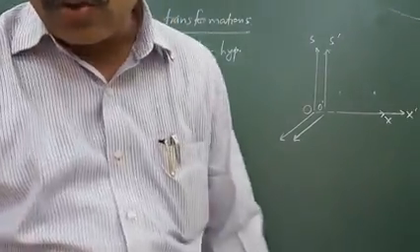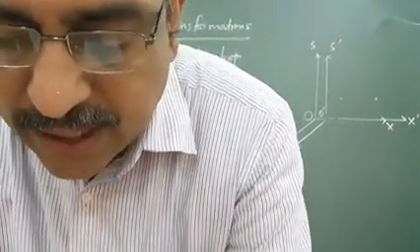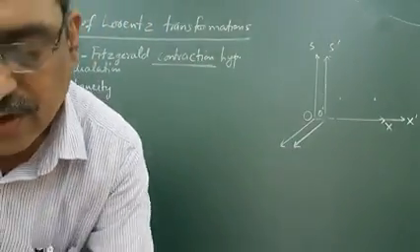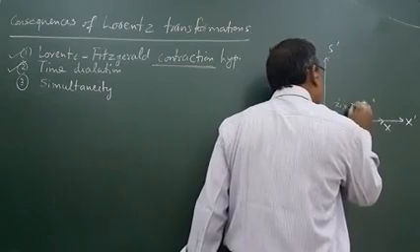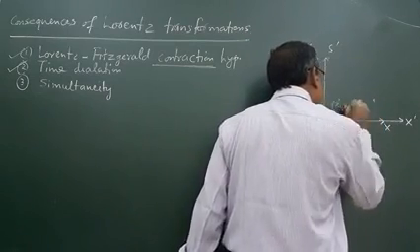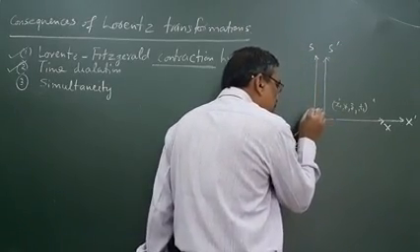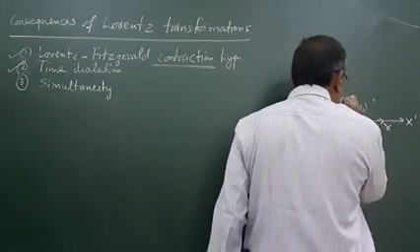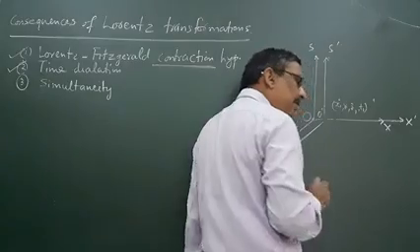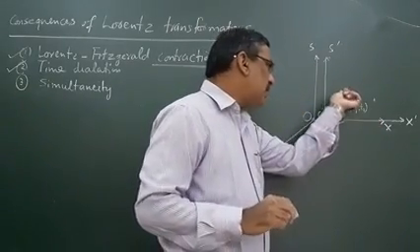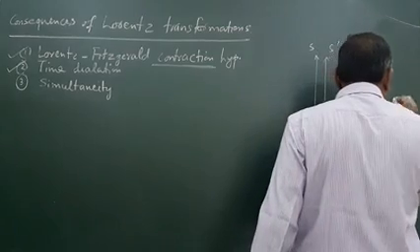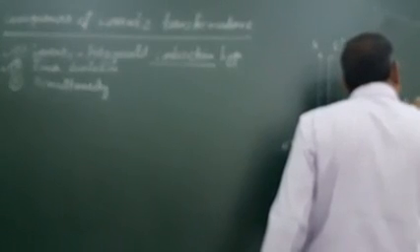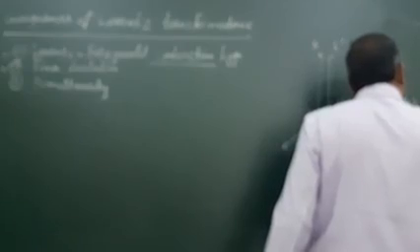Let us suppose x1, y1, z1 and t1 are the coordinates measured by the observer situated in the first frame for this event, and the event at this point has coordinates x2, y2, z2 and t2.